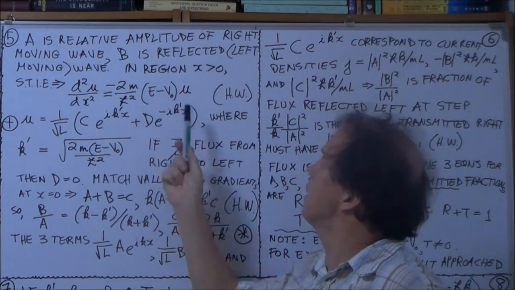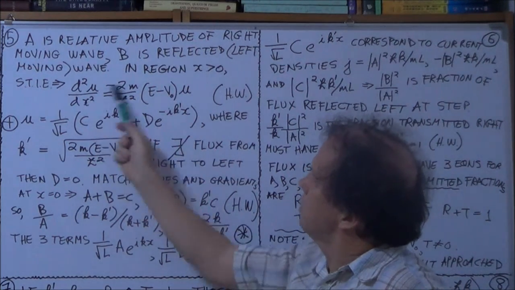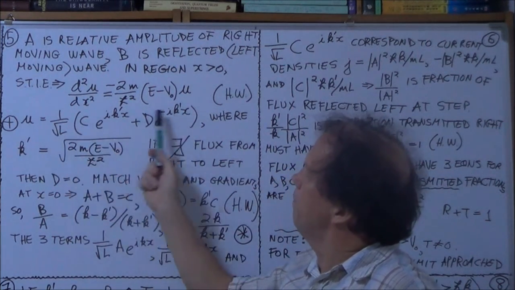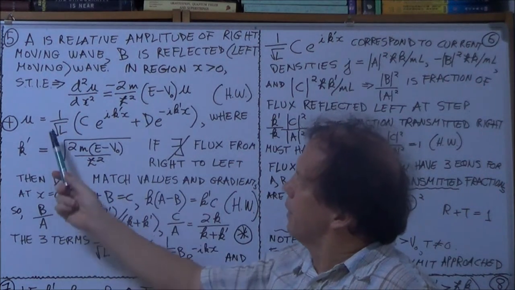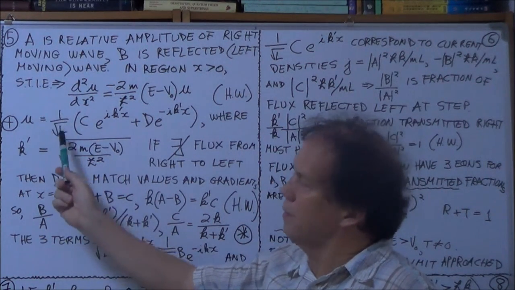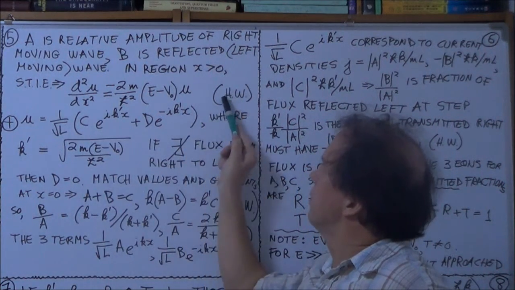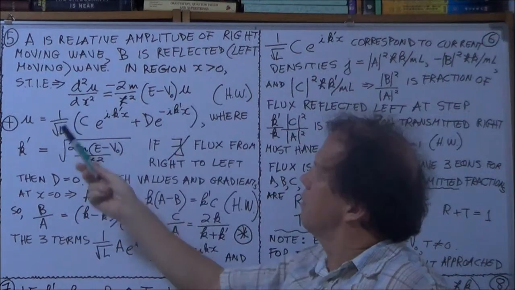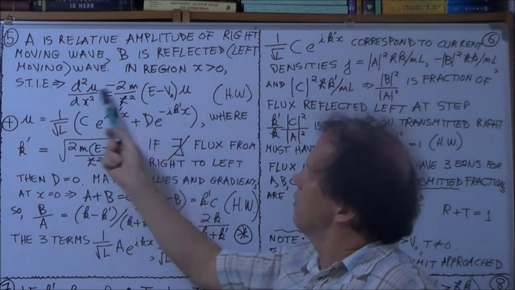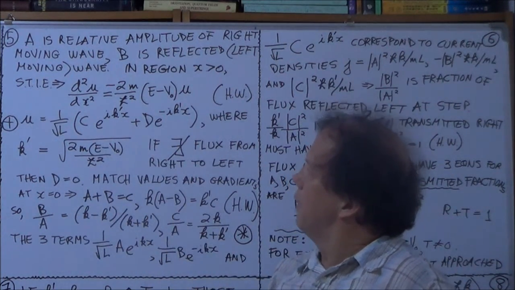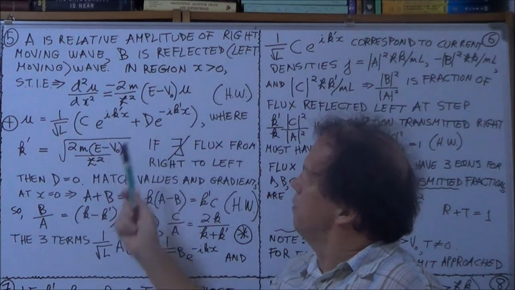So it'll be minus V. And the solution to this will be of this form. Again, the 1 over root L thing. I asked you to do this for homework. So you find this solution for the Schrödinger equation. And k dash is of this form.